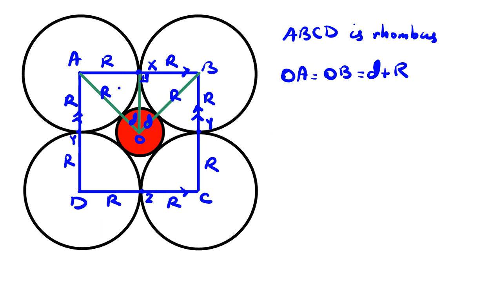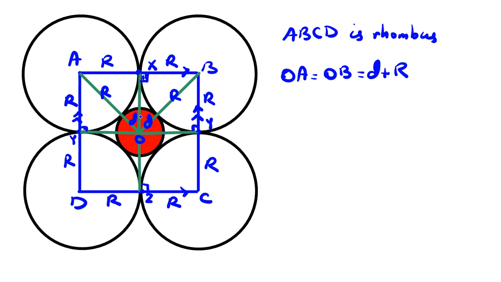And how can we prove these two triangles? We can prove they are congruent to each other. So similarly, we can say OY is perpendicular to this side, and OZ as well. So we can write like this.